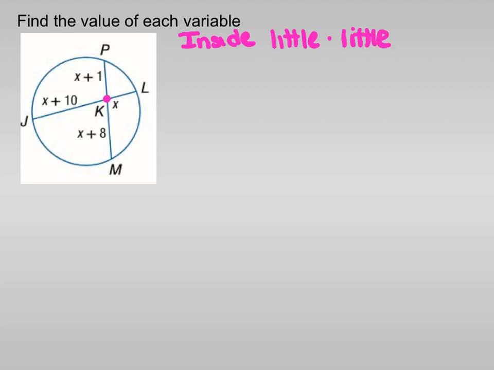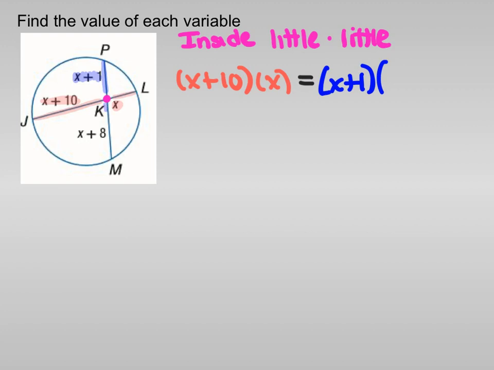So if I were to use that, one part is x plus 10, so I could say I have x plus 10 times the other little part, which is just x, equals, for the other line, one little part is x plus 1. So I have x plus 1 times the other little part, which is x plus 8.